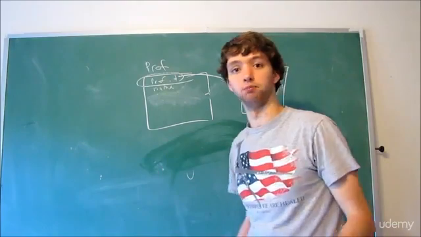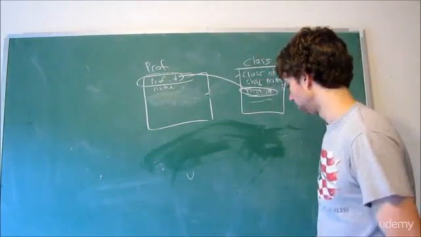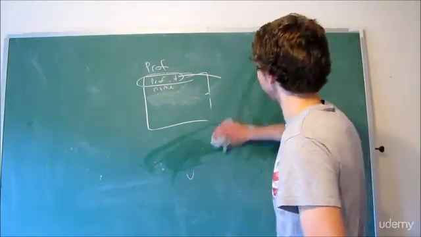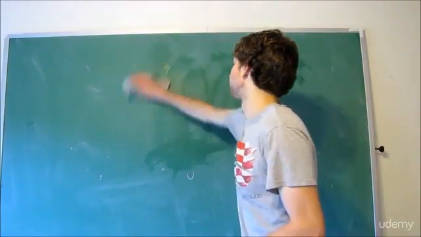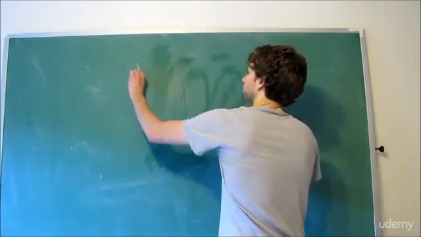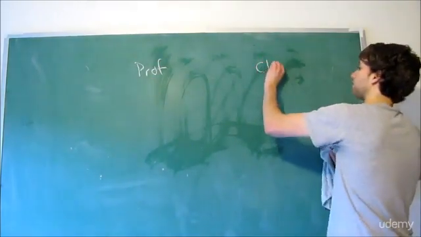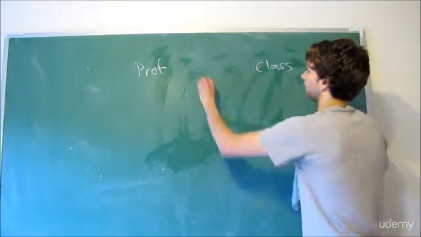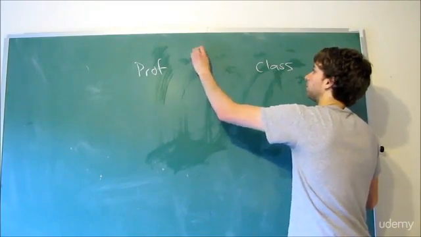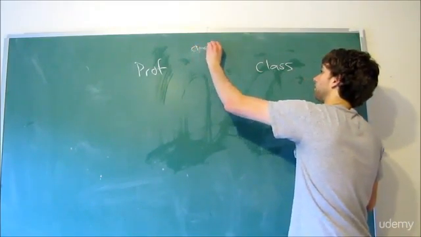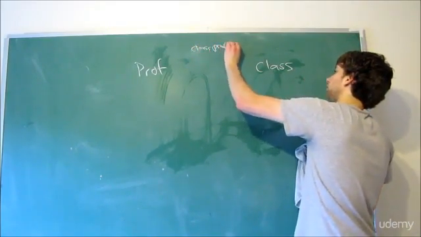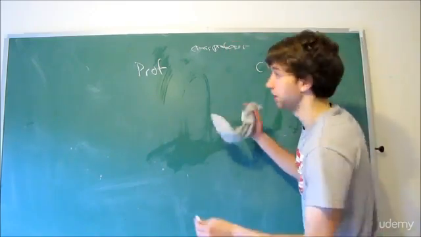Now, if we wanted to make that a many-to-many relationship, we'd actually have to break this up even further into 3 tables. So now we have the professor's table, and then we have the class table, and then we have the probably class professor's table, which is the intermediary table.